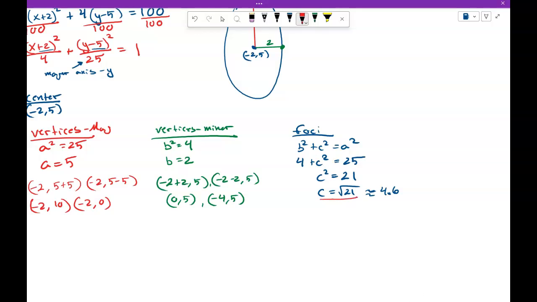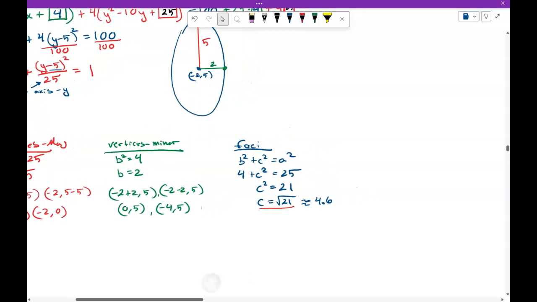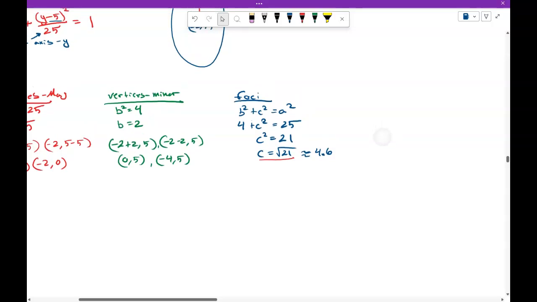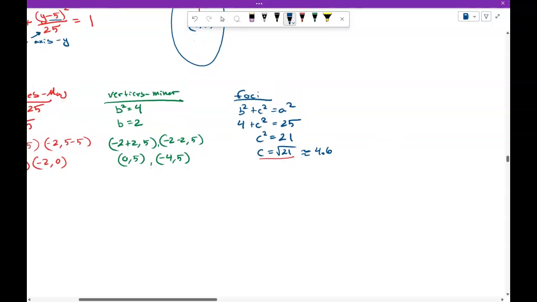But as far as writing our ordered pairs go, unless we're told to round, we're going to use the exact value. So for our foci, we have to consider what direction they are. The same direction as the major axis. And since our major axis is vertical, our foci are going to be above and below our center. So to get our ordered pairs, that's changing the y value.